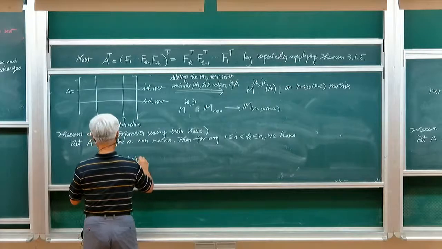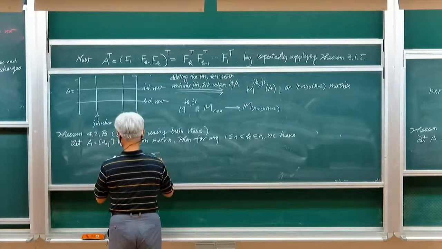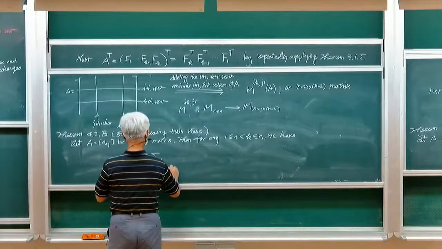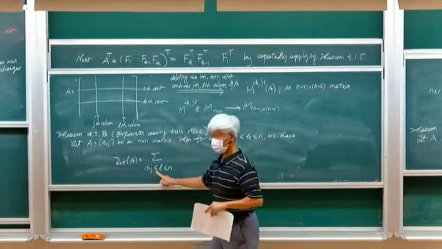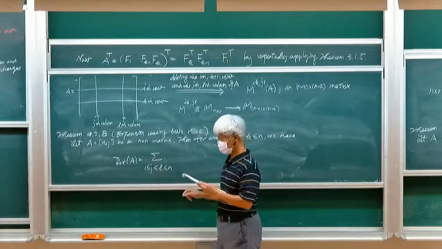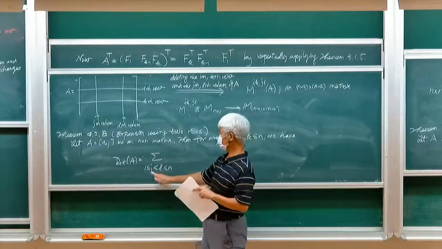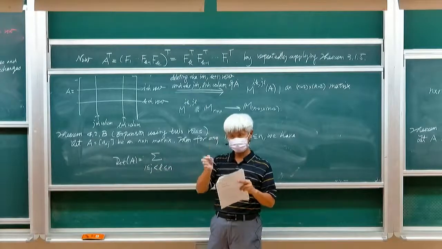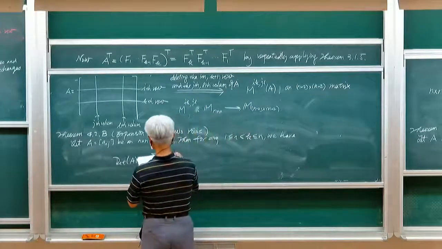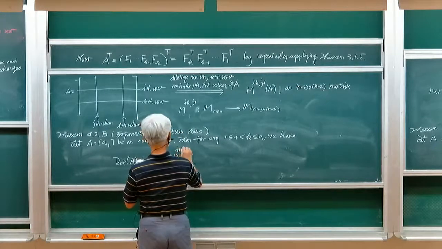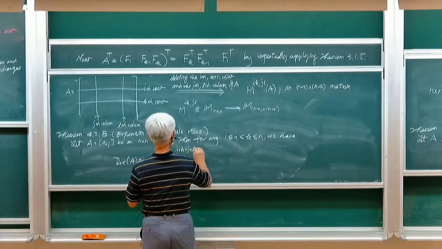The determinant of A can be written as a sum over column j and column l. Here the column index j is less than column index l, with the sign (-1) to the power i plus k plus j plus l.